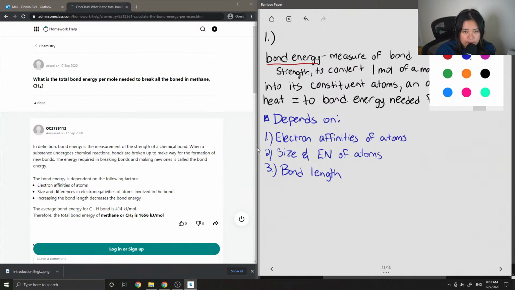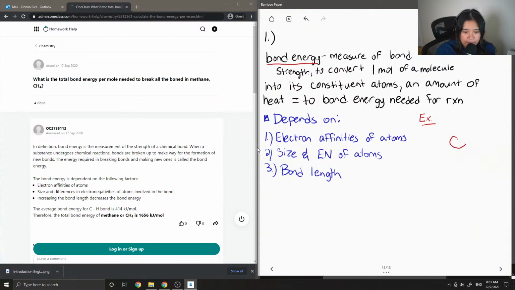Okay, so now let's get to our example. So for example, let's draw out methane. It is a single carbon bonded to 4 hydrogens.